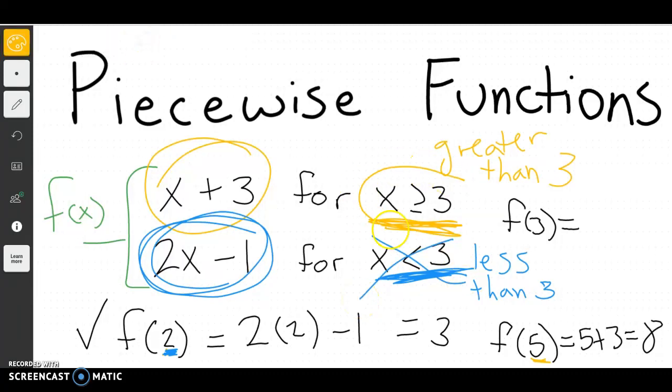But this one is greater than or equal to 3. So 3 would fall into this as an input. So we would have 3 plus 3, which would give us 6. Okay? That's kind of how we use a piecewise function. I'm going to do one or two more examples, but this is essentially the same thing over and over again, what you're going to try to do today.